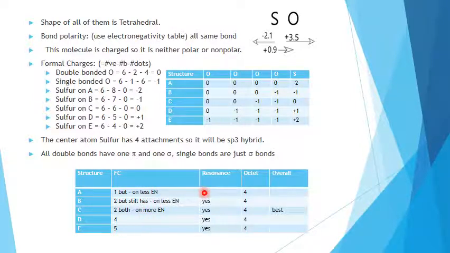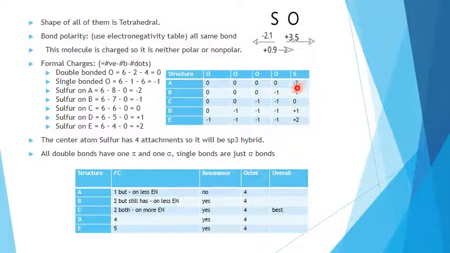So what we're going to come down to is either B, C, or D. A is knocked out for basically 2 reasons: it doesn't have resonance, and it's got the negative formal charge on the wrong atom. We're knocking E off because it has a lot of formal charge and no resonance. So B, C, and D. Which one is probably the best here?